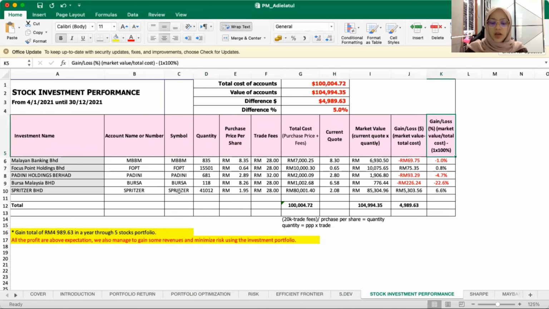The reason why I distribute to Spritzer the most is because, as you can see, the purchase price per share was RM1.95, but the current quote is RM2.08. There is an increment for this company, while for the other companies there is a loss.